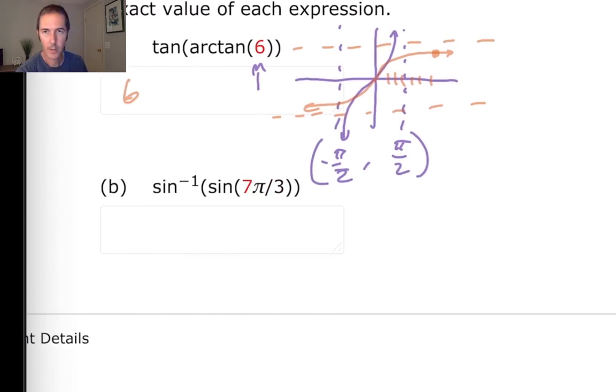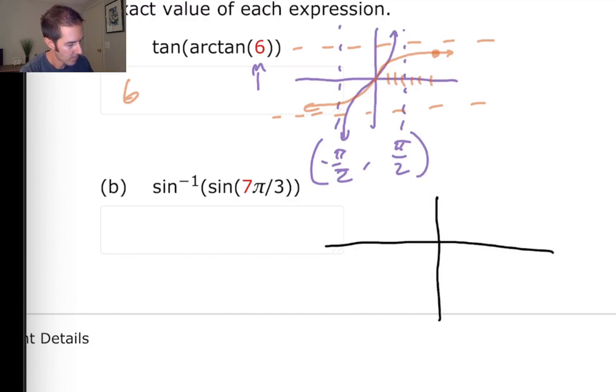Things get more complicated when we get to part B, because the sine function, when we restrict the domain, looks like this. This goes from negative pi over 2 to pi over 2. Let's actually write those down.